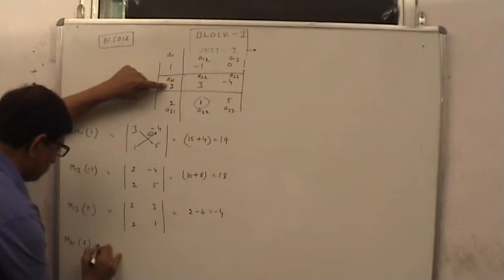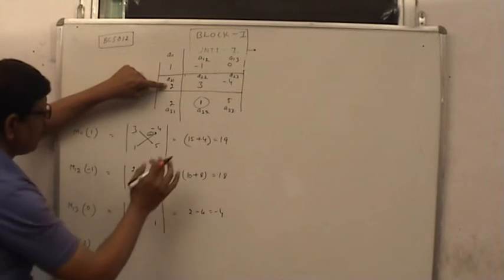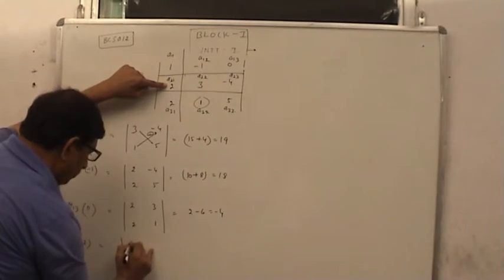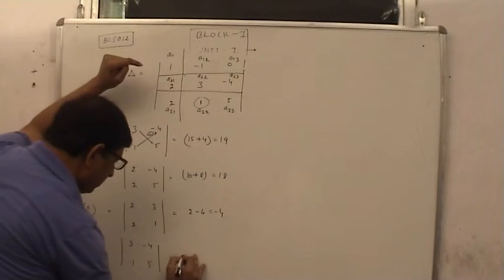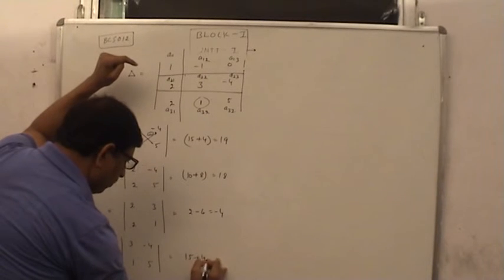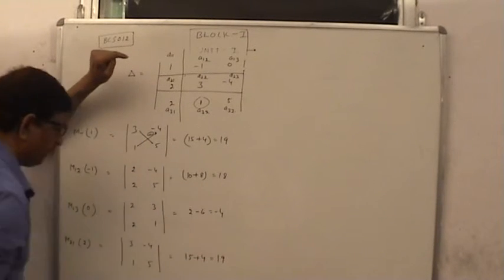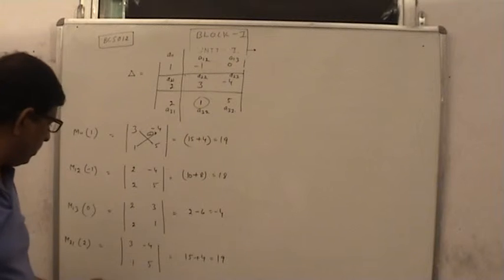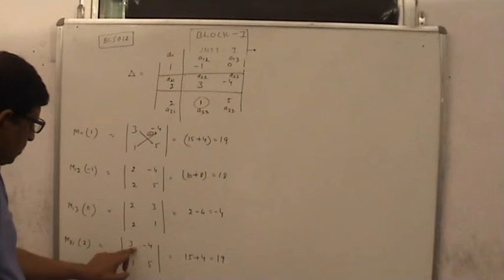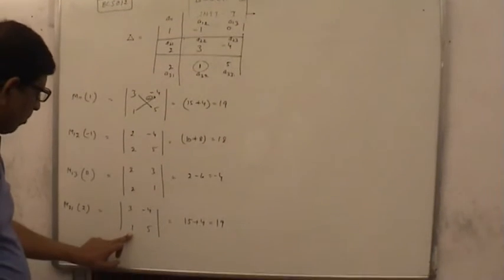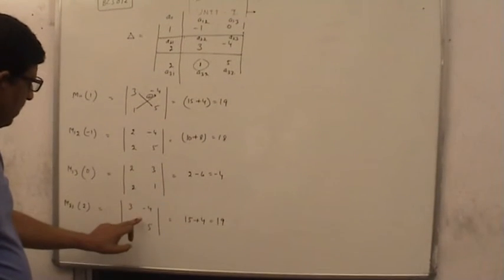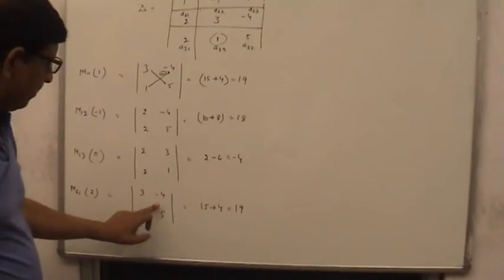Its element is 2, and elements out of crossing are 3, minus 4, 1, 5. That is equal to 15 plus 4 is equal to 19. Same rule we are following: when we multiply 3 by 5, 15, and when we travel from bottom to top, we give a negative sign from our pocket.